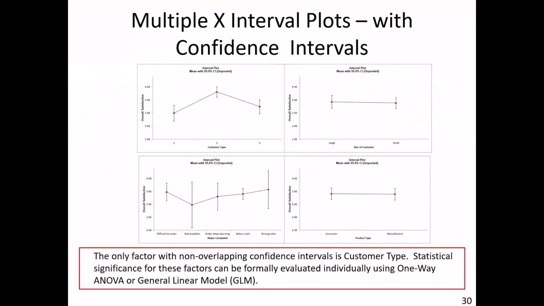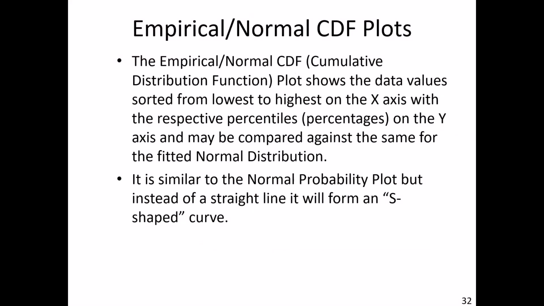And the next thing we want to look at is the empirical normal CDF. The CDF is the cumulative distribution function. It shows the data values sorted from lowest to highest on the x-axis with the respective percentiles on the y-axis, and they may be compared against the same for a fitted normal distribution.